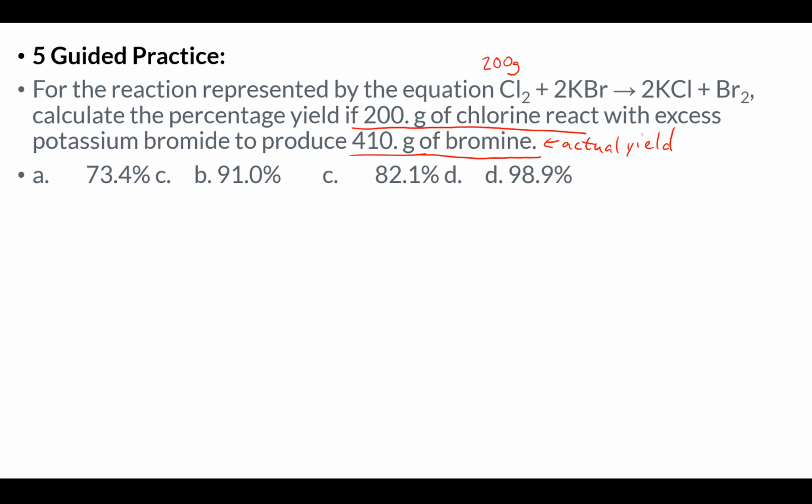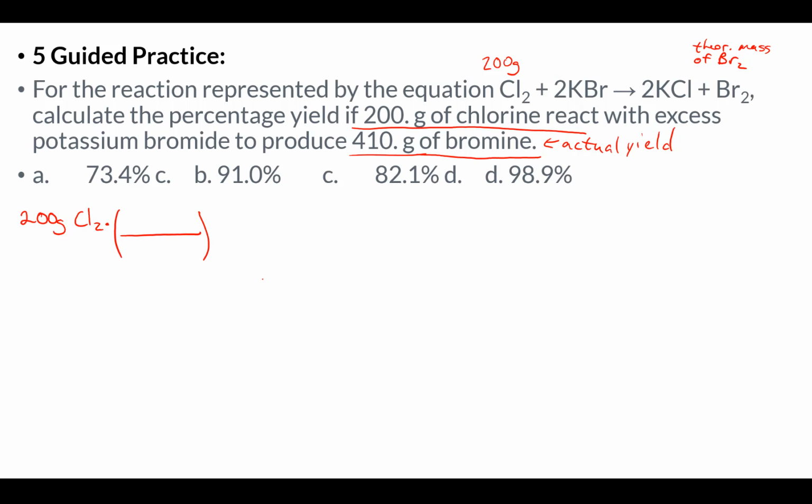If we want to get the percent yield, we're going to need the theoretical yield. So to calculate that, we want to find the theoretical mass of bromine, Br2, that's produced as a product. Let's do that using stoichiometry. Start with our given 200 grams of Cl2 as our starting reactant.